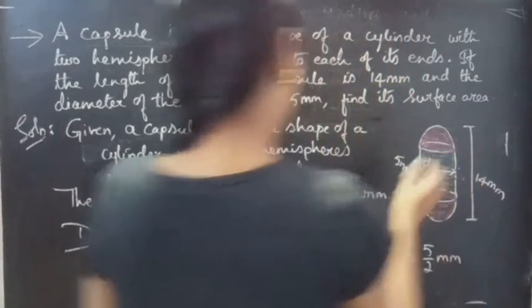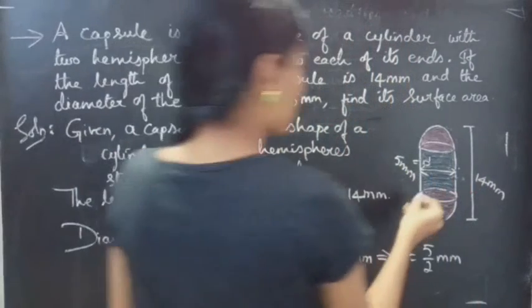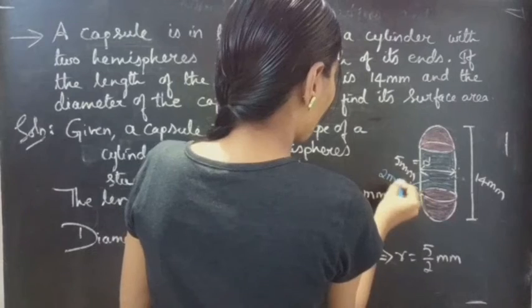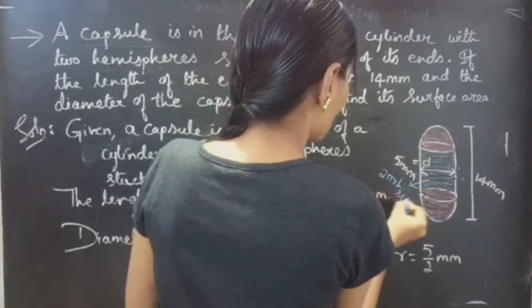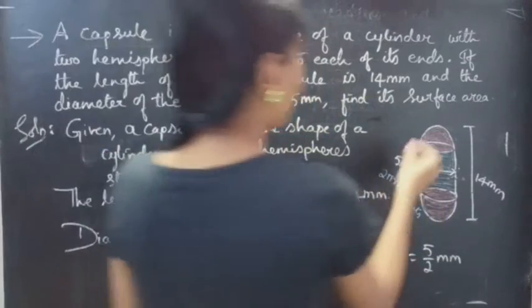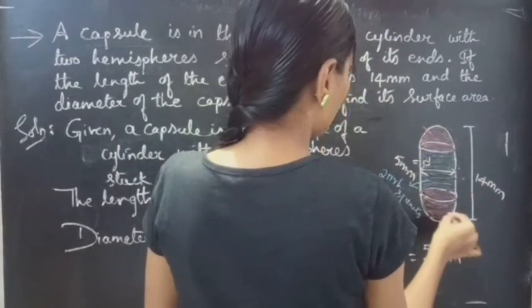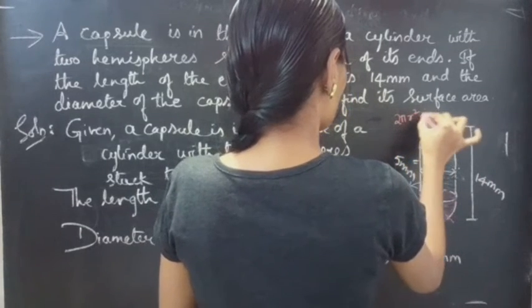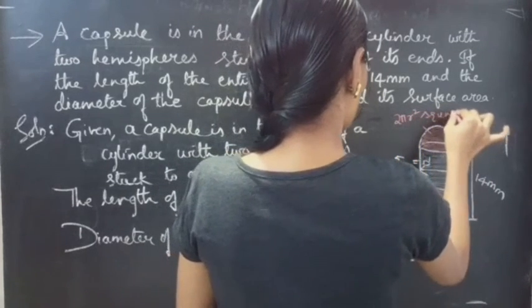We know that the curved surface area of a cylinder is 2 pi r h square units, and the curved surface area of a hemisphere is 2 pi r square units.